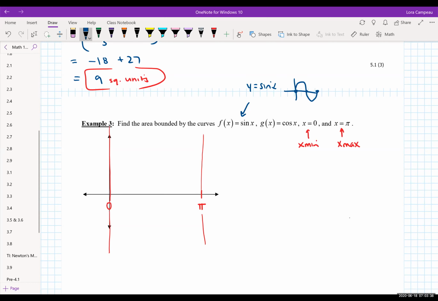So it looks like with the sine, from 0 to pi, we're going to have an upper half of, somewhat like a parabola, maybe a half circle, sort of. So we know sine starts at 0 and is 0 at pi, and it should be 1 at pi over 2.